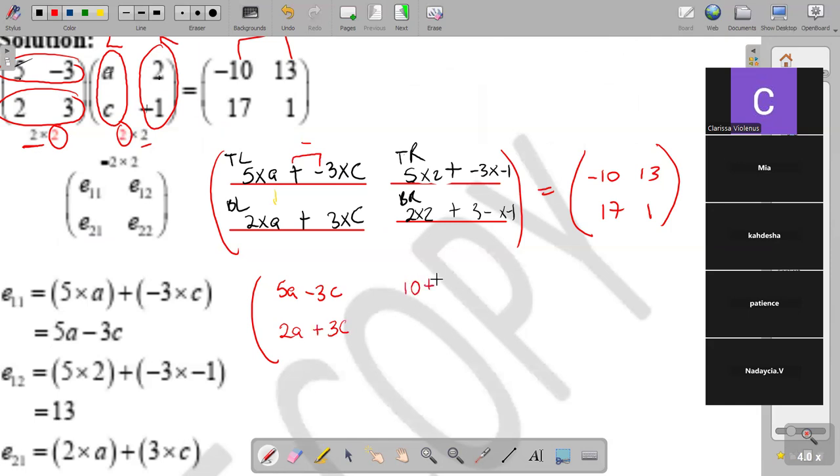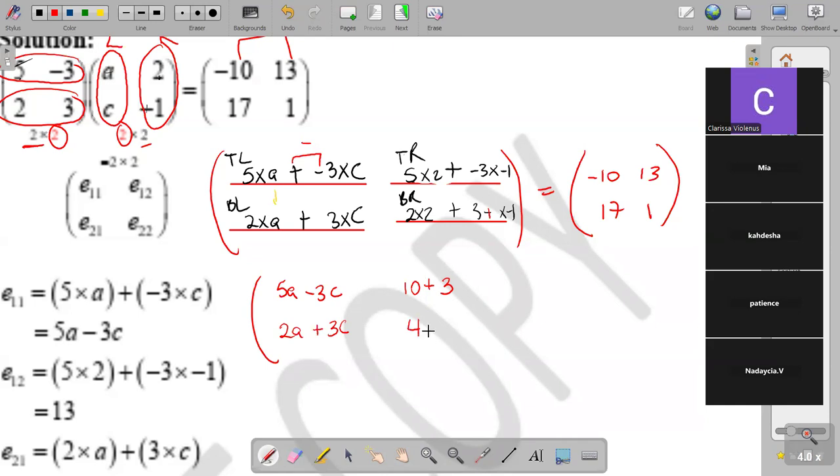10 plus 3. Everybody see why it's 10 plus 3? A negative times a negative is a positive. And the bottom, 4. This is supposed to be a plus, sorry. Hold on.